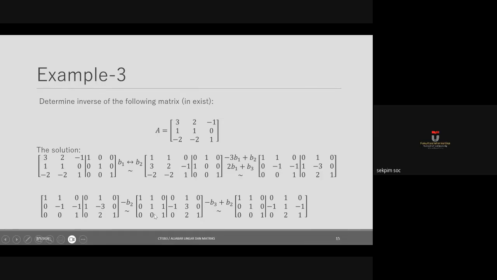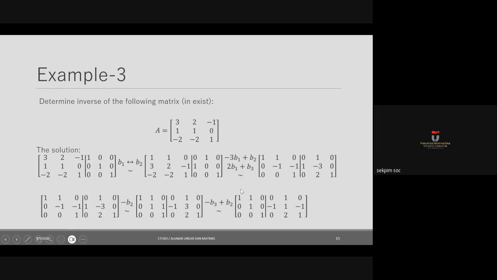Such that you will have this is 0, this is 1, remains still the same, right? This is 1 minus 1, 1 minus 1 is 0. This is minus 1 minus 0 is minus 1. 3 minus 2 is 1.